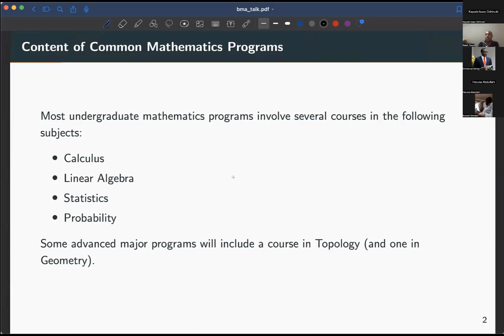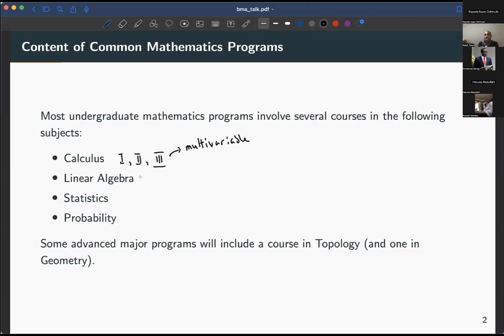They will have several courses in the following subjects. In calculus, for instance, most of the universities will do calculus 1, 2, and 3, where in 3 in particular, you do calculus of several variables, and so on. So you do multivariable calculus.